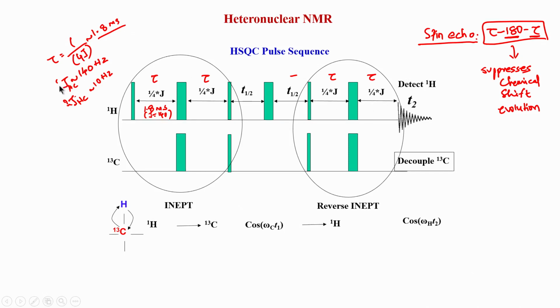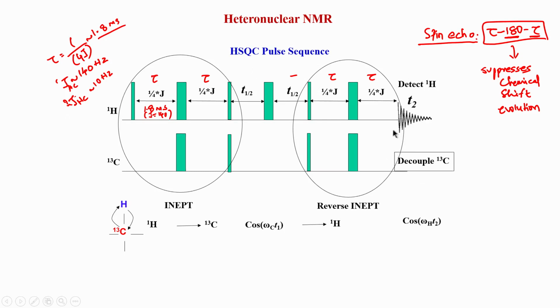Remember we are tuning it to a 1 bond coupling. So, 1 bond is shown in this example. Therefore, the transfer will take place only from this proton to this carbon, no other carbon or proton. That is important to keep in mind because this is very specific to a directly attached carbon.